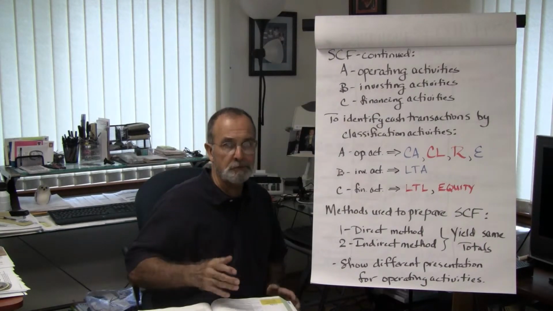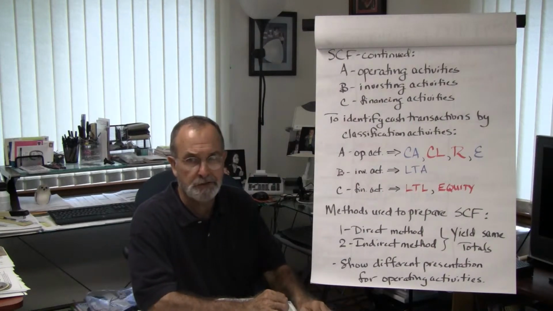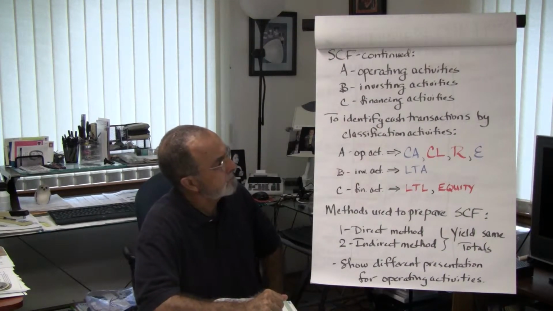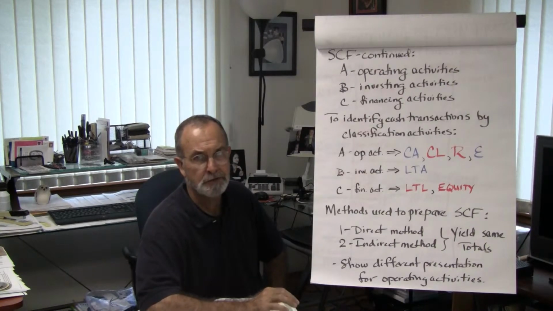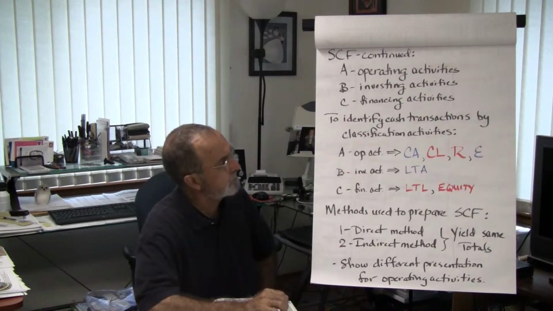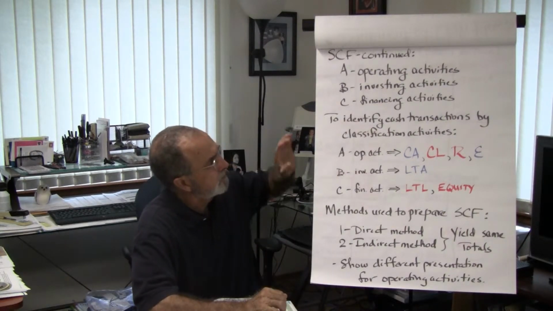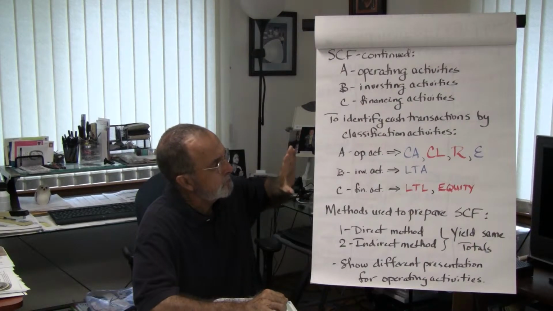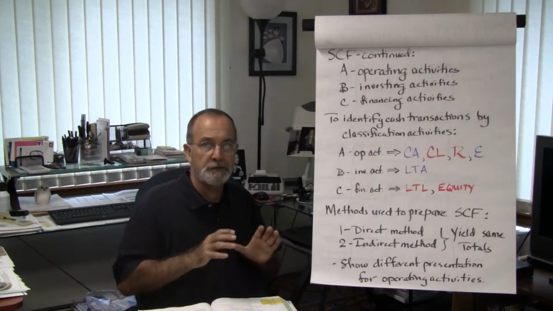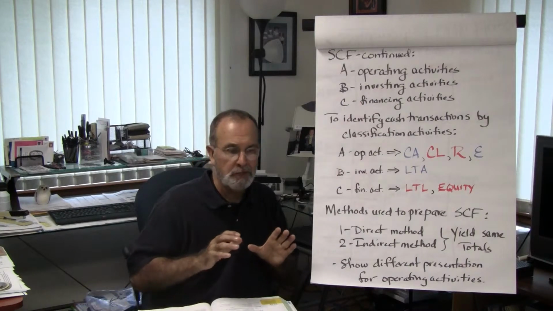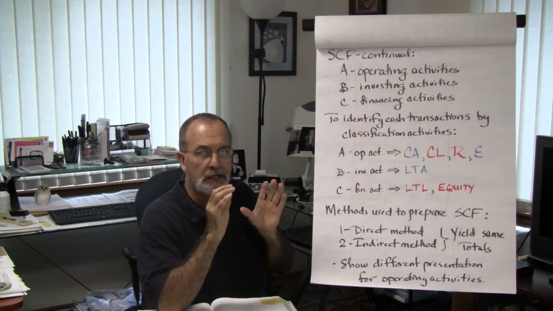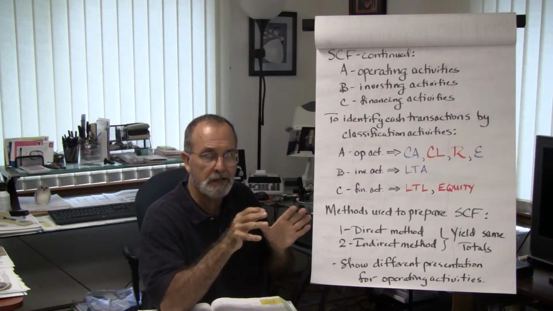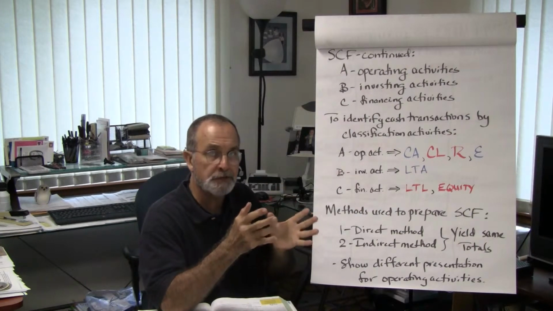Now, that's new for us in this course, and so it takes a little while to get used to this different classification of activities or transactions. To identify cash transactions by these classification activities, we need to be able to separate the different types of activities based on the accounts that are being analyzed that will show us these transactions.